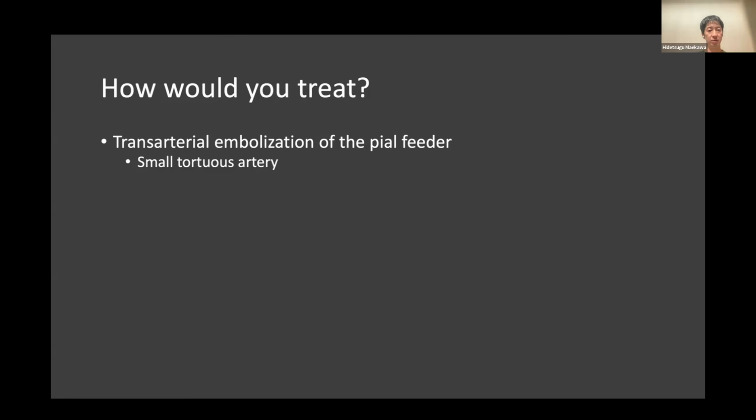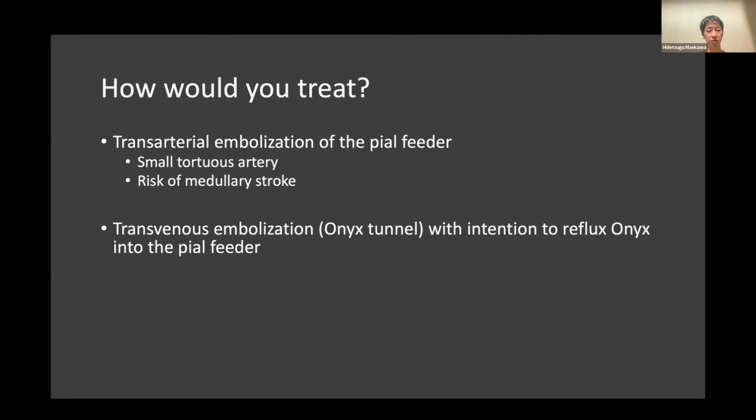But I think it's a small and tortuous artery, and there is substantial risk of injuring the artery during navigation, and also risk of medullary stroke. And what about transvenous embolization with the balloon protecting the sinus, and then injecting Onyx to retrogradely infiltrate into this PL feeder?